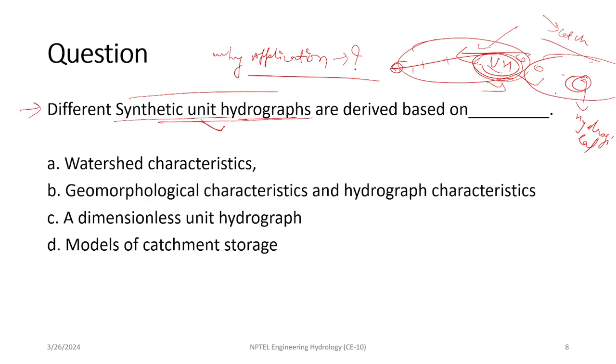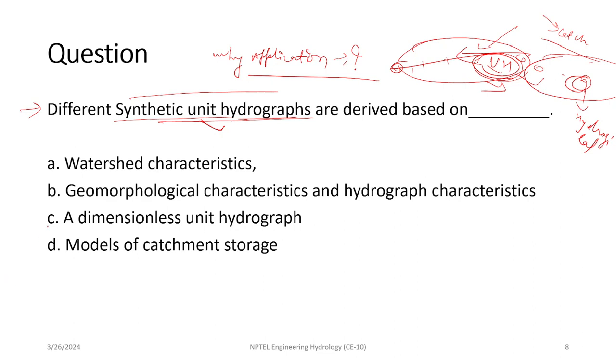Now I want you to answer this. Different synthetic unit hydrographs are derived based on... There are assumptions. I just discussed that there are some similarities that we have to keep in mind before using the synthetic unit hydrograph. So you should have an idea what those options are. Ashish, you were saying some option.